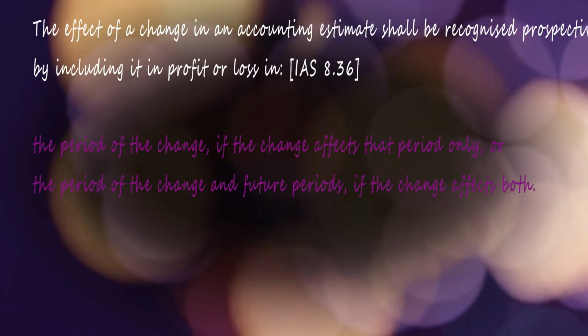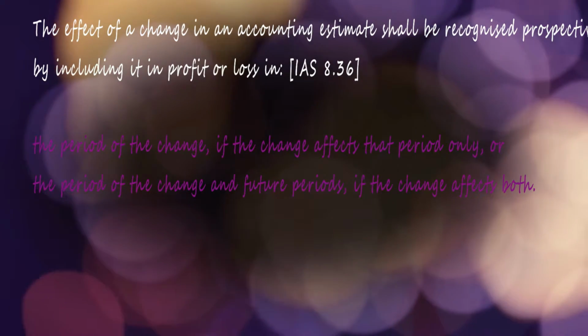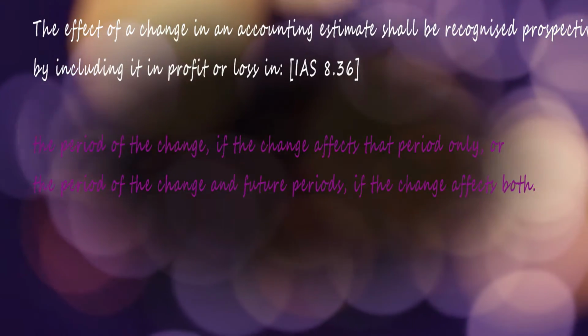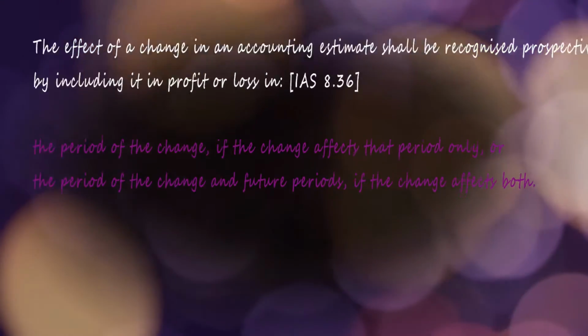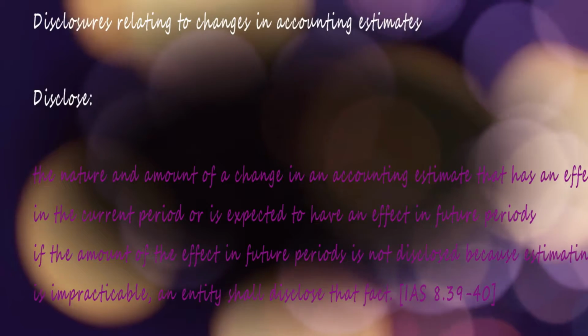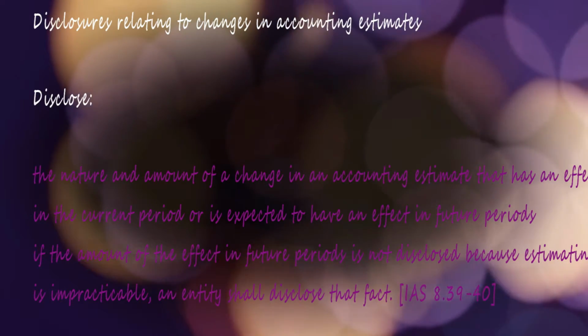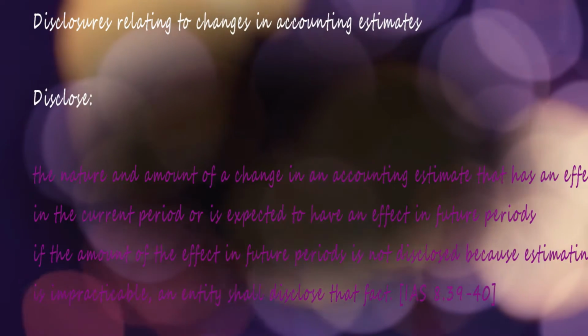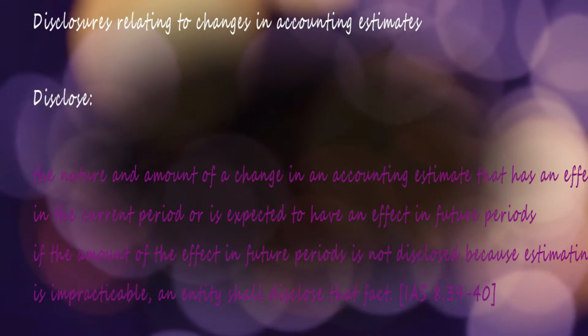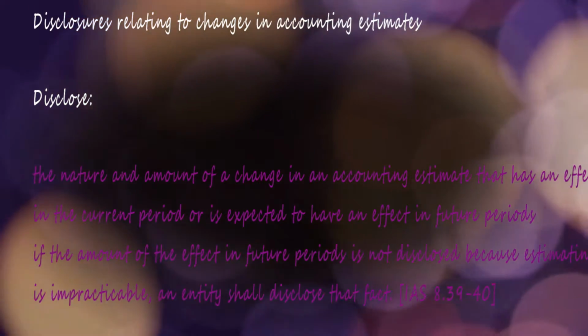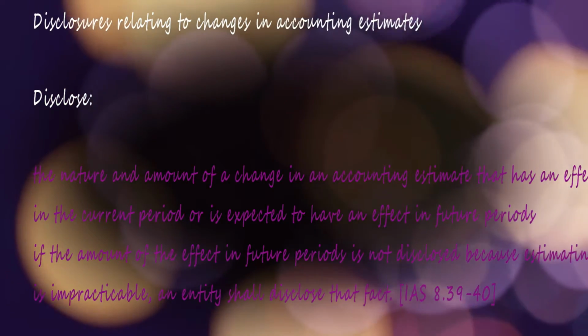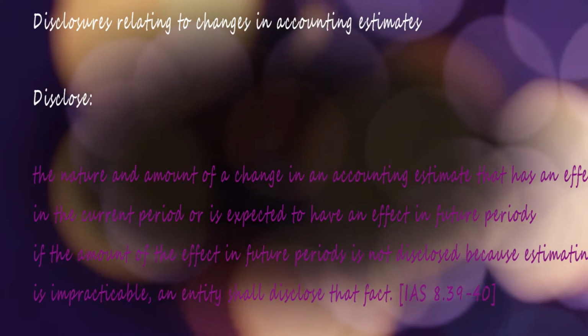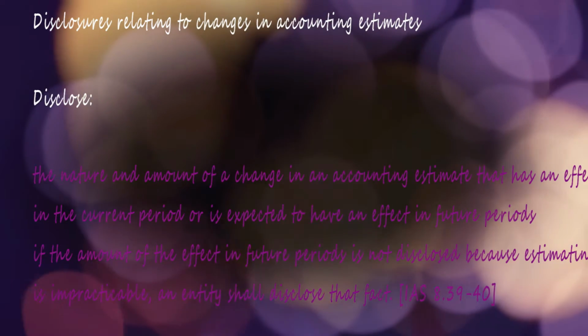And now I'm going to just discuss the other changes, that is, changes in accounting estimates. The effect of a change in accounting estimate shall be recognized prospectively by including it in profit or loss in the period of the change if the change affects that period only, or the period of the change and future periods if the change affects both.